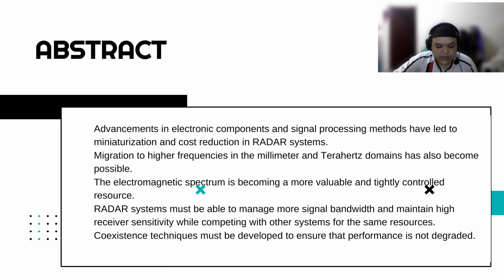Radar systems must be able to manage more signal bandwidth and maintain high receiver sensitivity while competing with other systems for the same resources. Coexistence techniques must be developed to ensure that performance is not degraded.